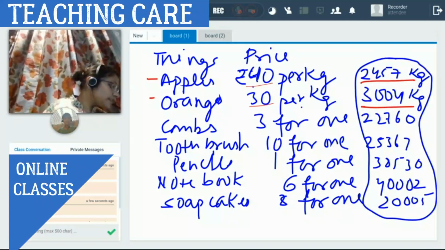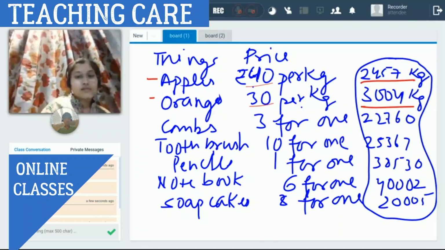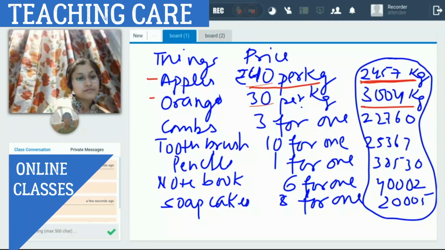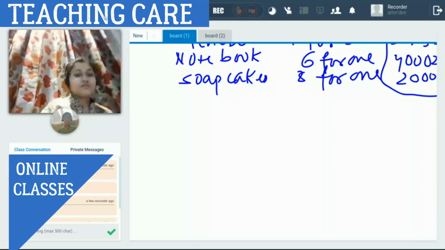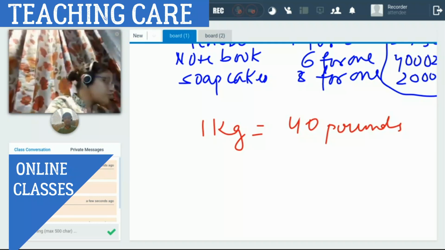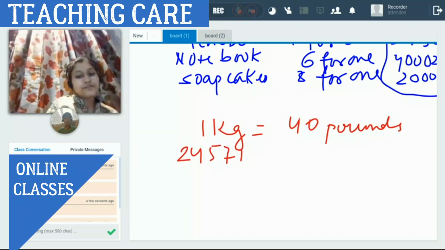Next question is total money got by selling apples. Amount per kg is given to you and total quantity is given to you for apples. So you can calculate the total cost. We multiply them, because for 1 kg they have given you 40 pounds, and the total quantity is 2457 kgs.